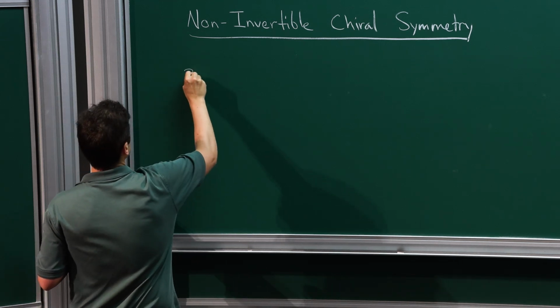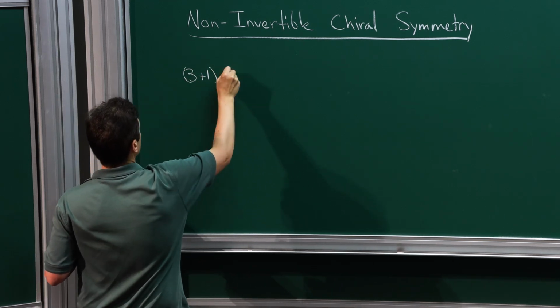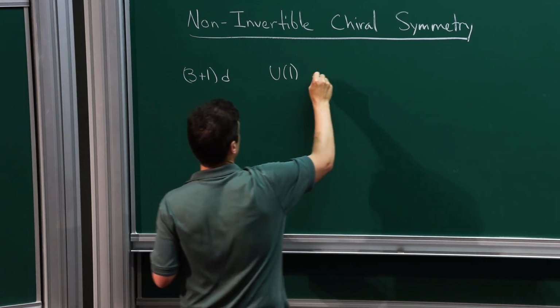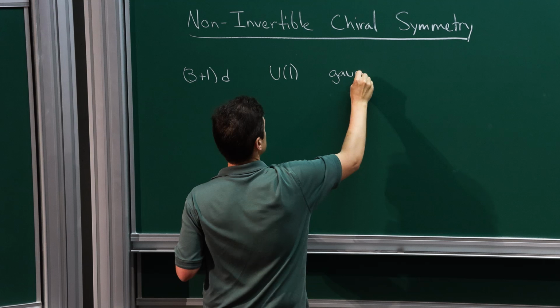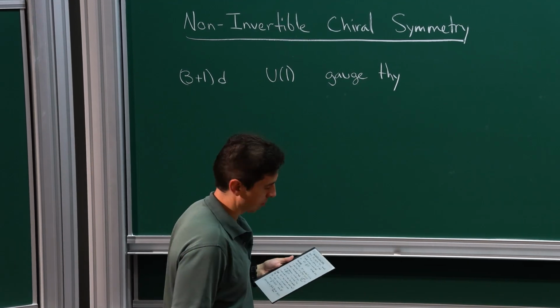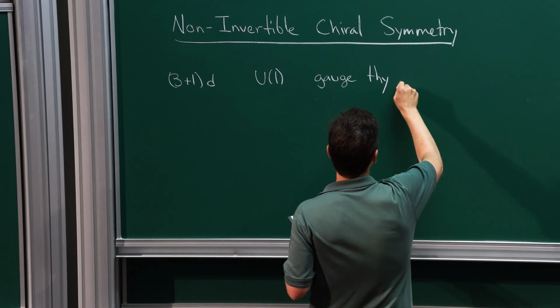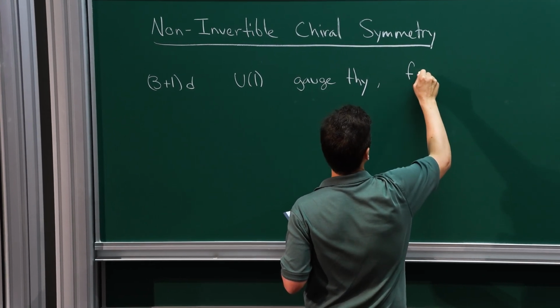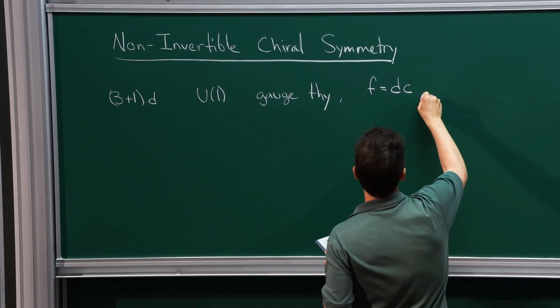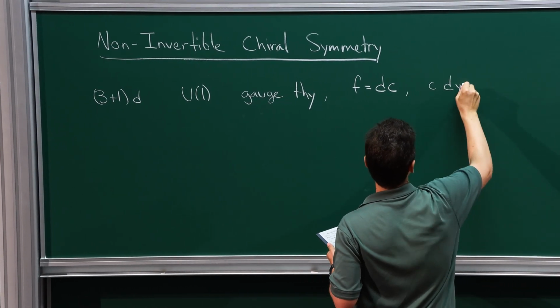So our setting will be 3 plus 1D U1 gauge theory. So just like yesterday where we had this toy model. And F will be the field strength. It'll be dC throughout this, and C is the dynamical gauge field.